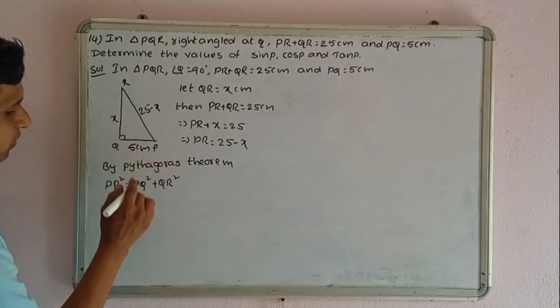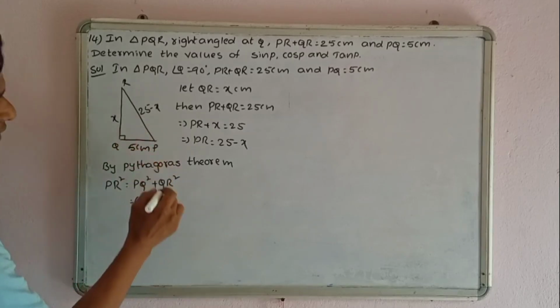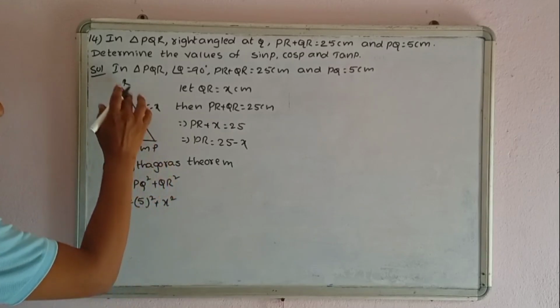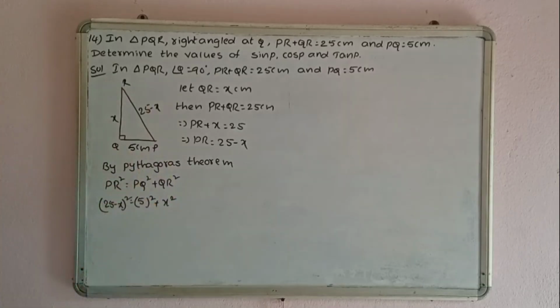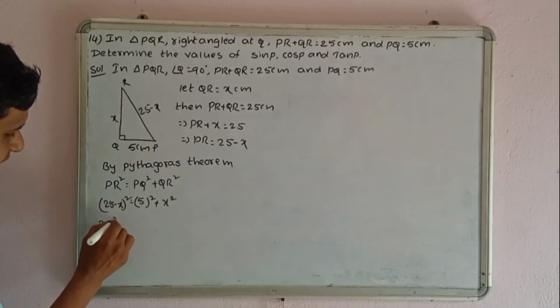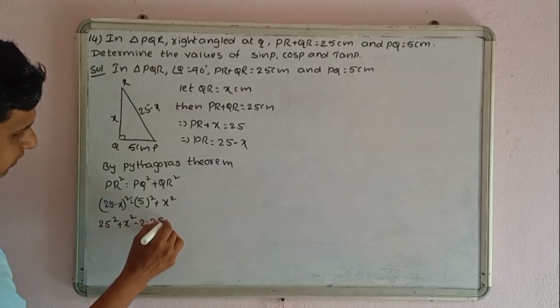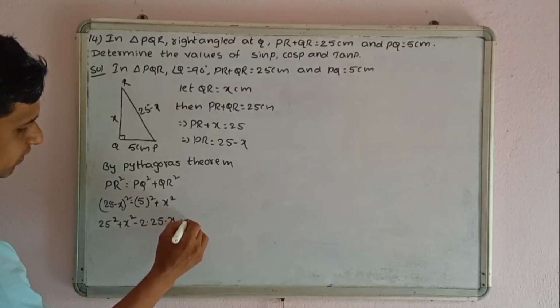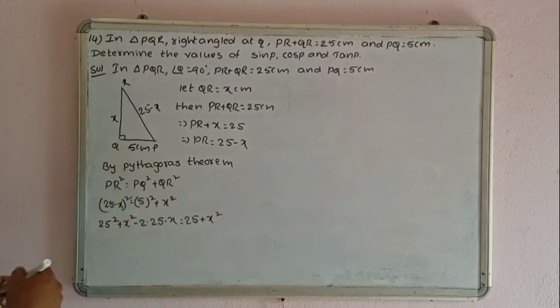Here the value of PQ is 5, the value of QR is x, and the value of PR is 25 minus x whole square. Using a minus b whole square, a square plus b square minus 2ab, that equals 5 square, 25, plus x square. Observe that here x square gets cancelled.